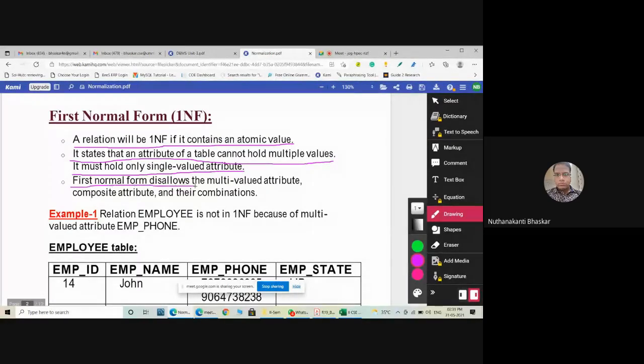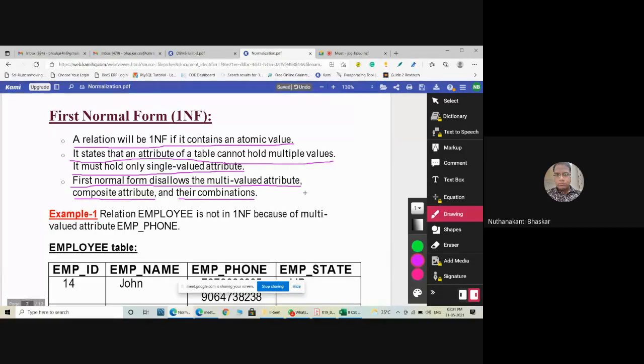First normal form does not allow the multi-valued attribute. Here, in this definition, indirectly I am giving so much information that interviewers will ask. First normal form never allows multi-valued attributes, composite attributes, and their combinations.